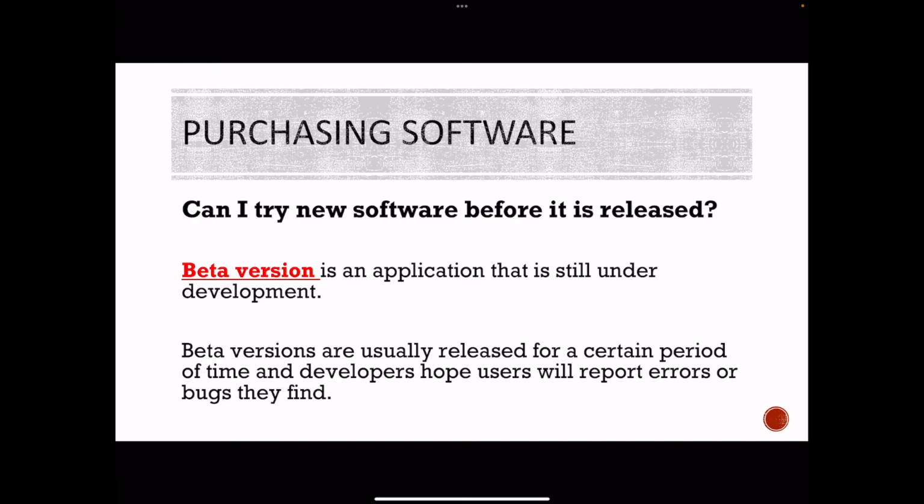Many beta versions are available for a limited trial period and are used to help developers respond to issues before they launch the original software. So again, they'll put out the beta version, people will try it. If there's issues with it, they usually let the developer know about them.